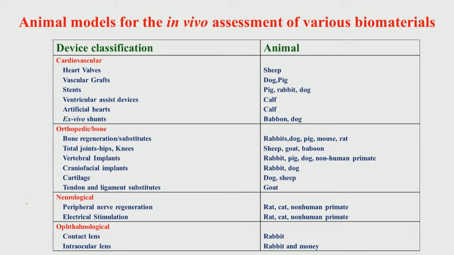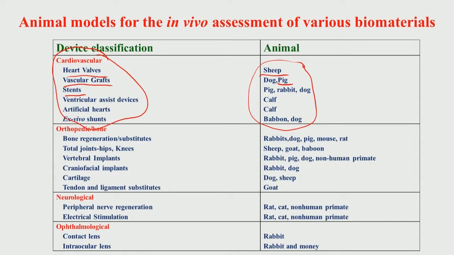In the case of cardiovascular applications like heart valves or vascular grafts or cardiovascular stents made of nickel titanium, or ventricular assist devices or artificial hearts and so on, it is reported in scientific literature that researchers used either pig model or sheep model. So, pig model or sheep model, these are the most widely used animal models for cardiovascular applications.